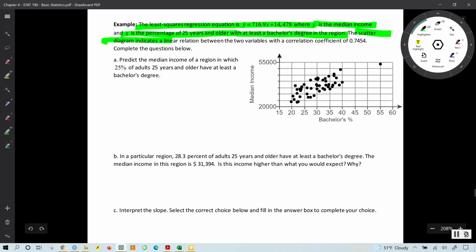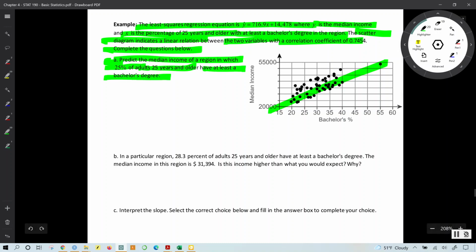The scatter plot indicates a linear relation between the two variables with a correlation coefficient of 0.7454. We would like to complete the questions below. For part A, we are to predict the median income of a region in which 25% of adults 25 years and older have at least a bachelor's degree.